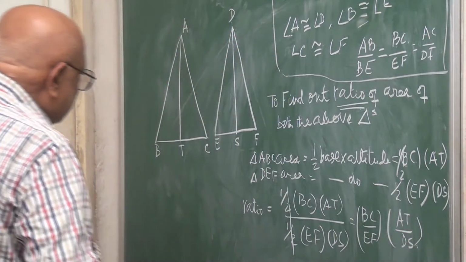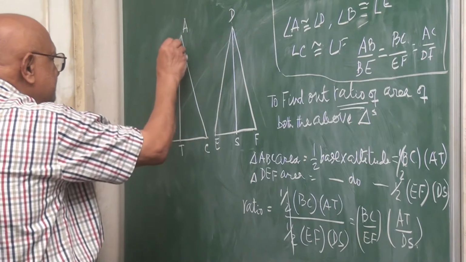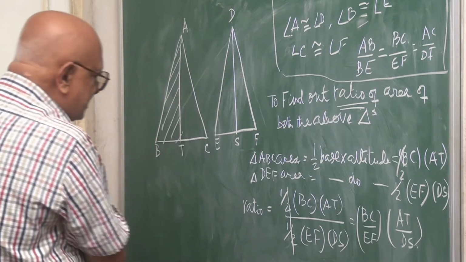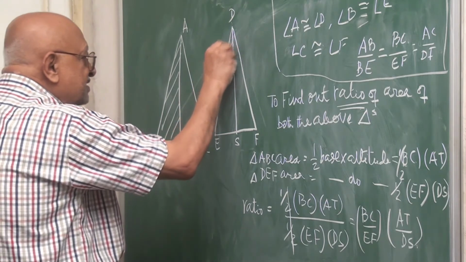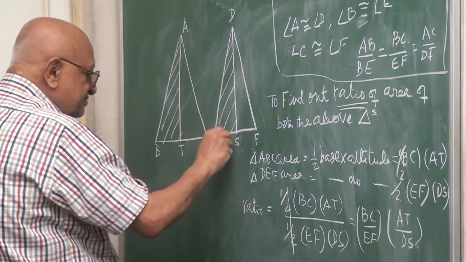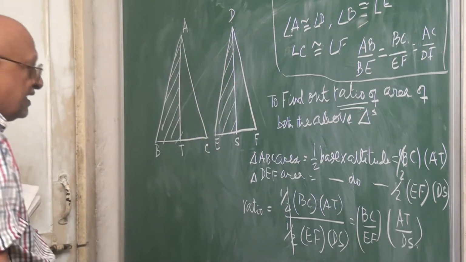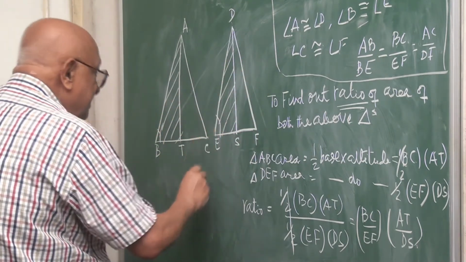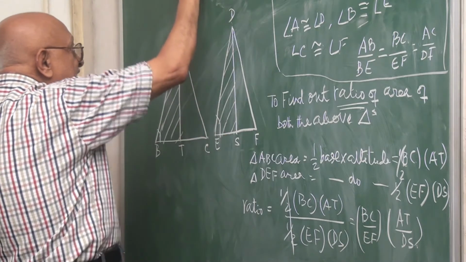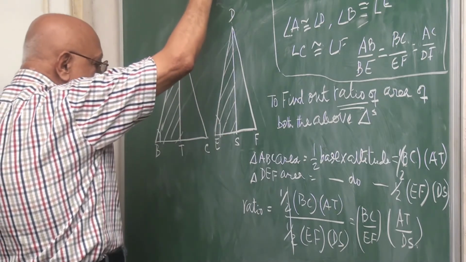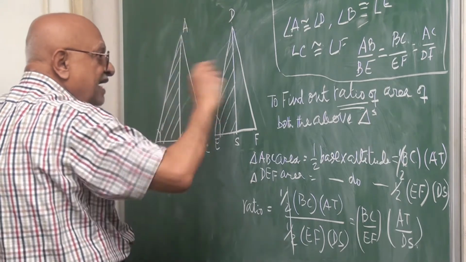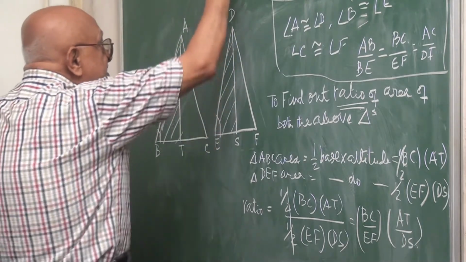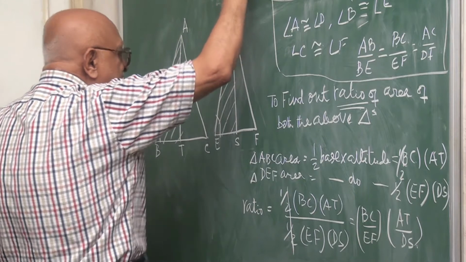Now let us see these two triangles. This triangle, the left hand side one, and this triangle. B is E, so here I can write B is equal to E. Given B is equal to E. What else is given?